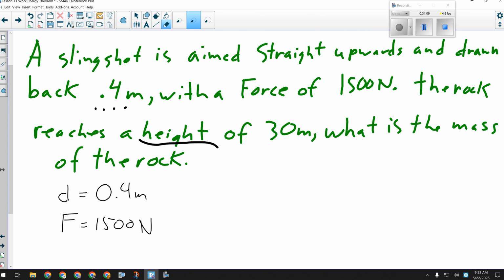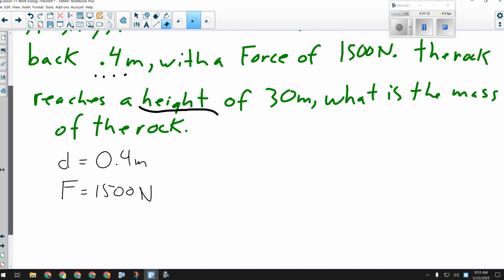All right? The rock reaches a height of 30 meters. That would be its final height. And its initial height, because it's from the ground, is 0 meters. What is the mass of the rock? What kind of energy is being changed here? Potential energy. There's also kinetic energy being changed, but we're only concerned with the potential part.